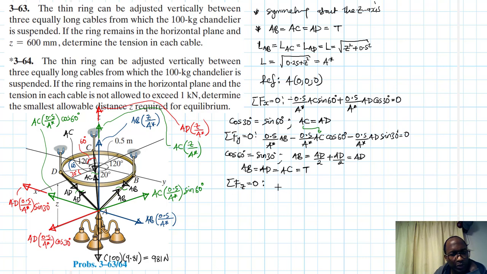So the summation of forces there will just be equal to 3T times Z divided by A star, minus 981 equal to 0. So let's go to case 3-63.